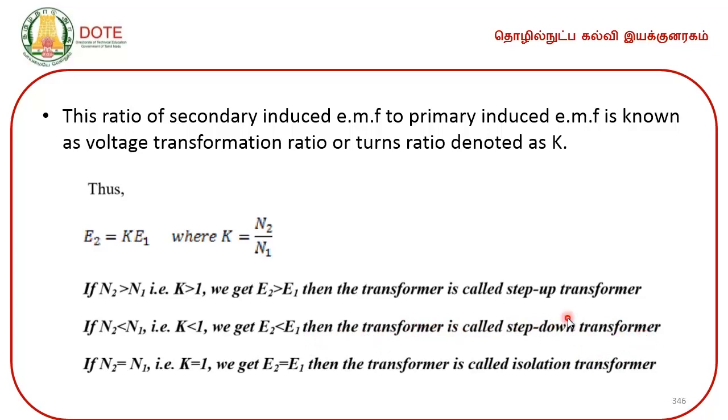On the other hand, if N2 is equal to N1, which may not be the case, that is K is equal to 1, we get E2 equal to E1, then the transformer is called an isolation transformer. So, this particular transformer is neither a step up nor a step down transformer. This is meant only for isolation purpose and not for voltage transformation purpose.